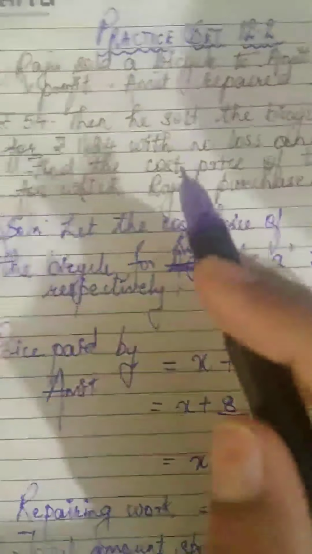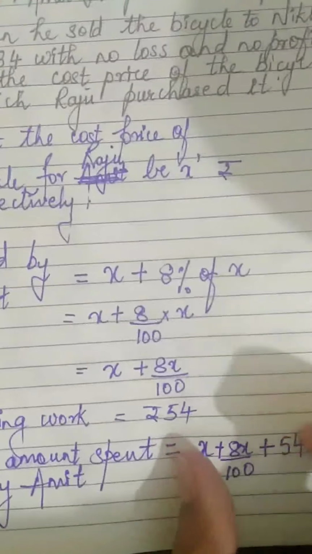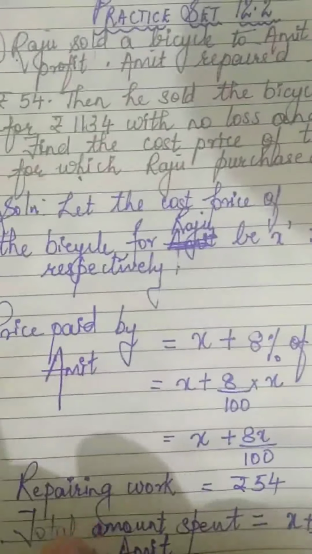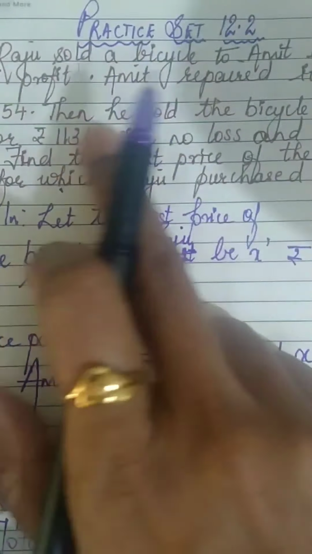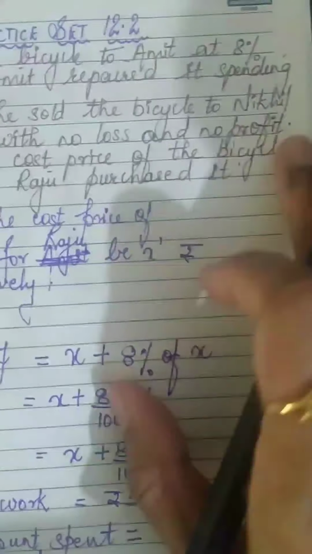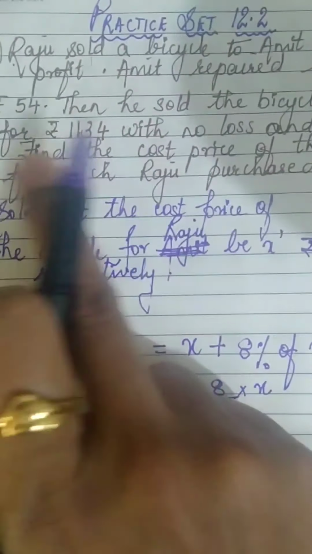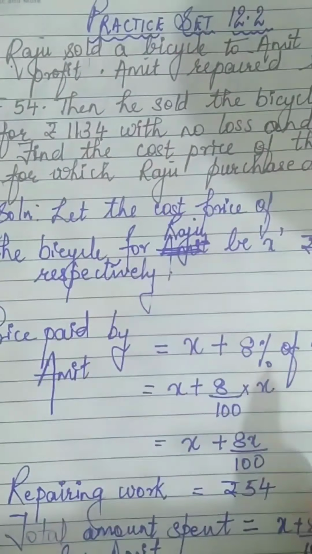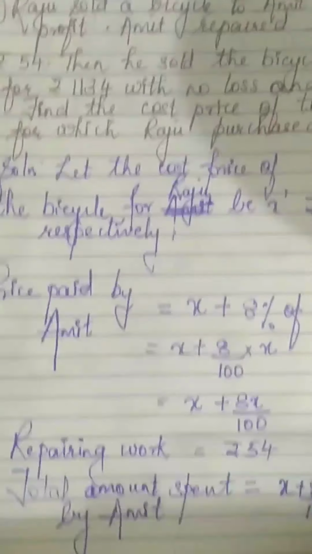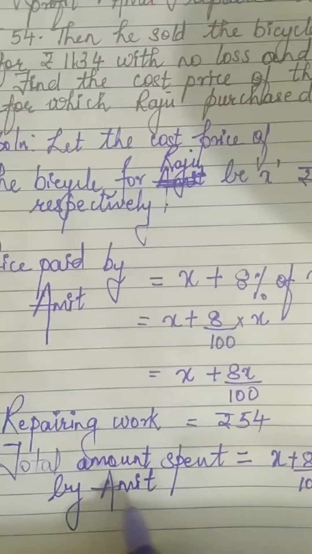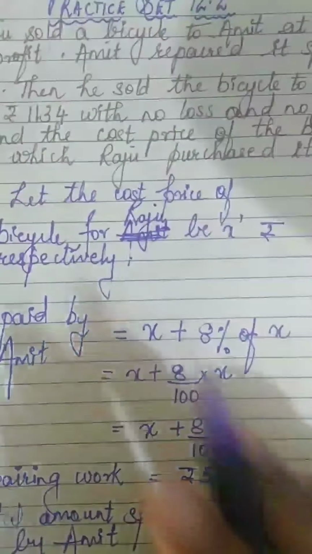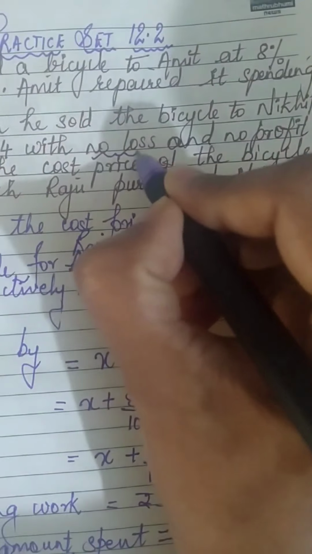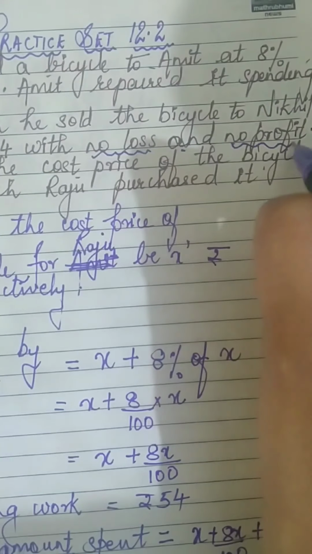Now, for the same price, he gave that bicycle to the third person, Nikhil. He sold the bicycle after repairing and all. He sold the bicycle to Nikhil for 1134. Understood? So, total amount spent by Amit is equal to the cost price of the cycle for Nikhil, because there is no loss, no profit.